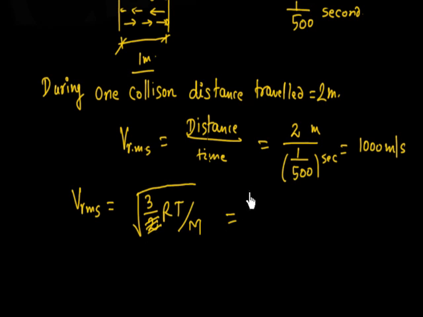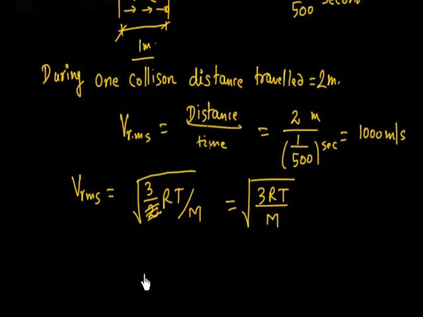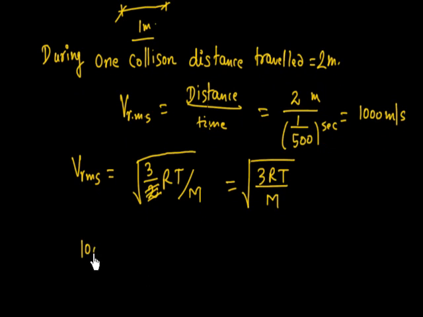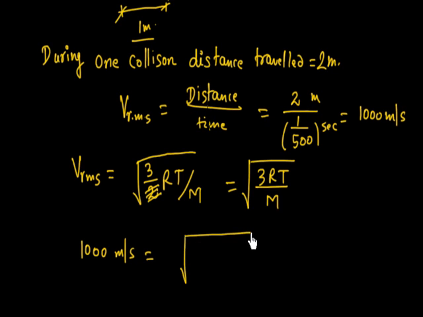So we have the expression for Vrms, that is the square root of 3RT by M. Now I know Vrms, so we can calculate temperature. Vrms is 1000 meter per second, and this is under root 3RT by M. The question says the value of R is 25 by 3, in SI unit.